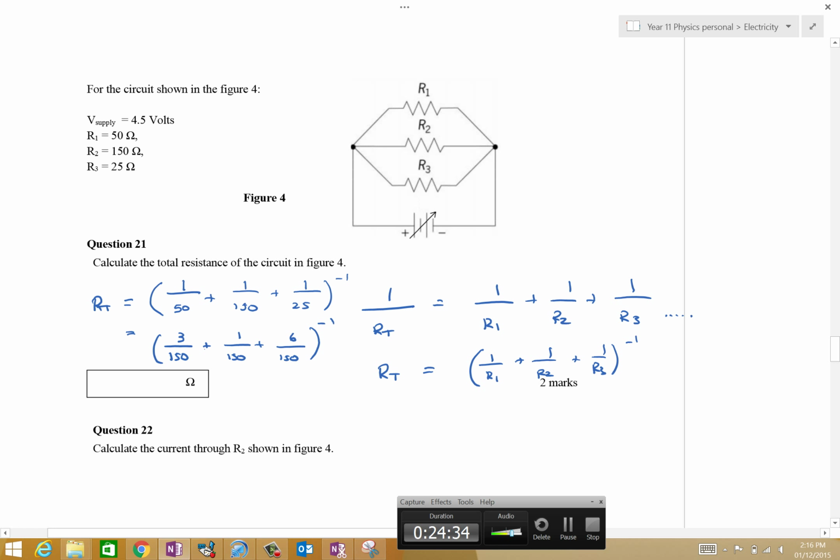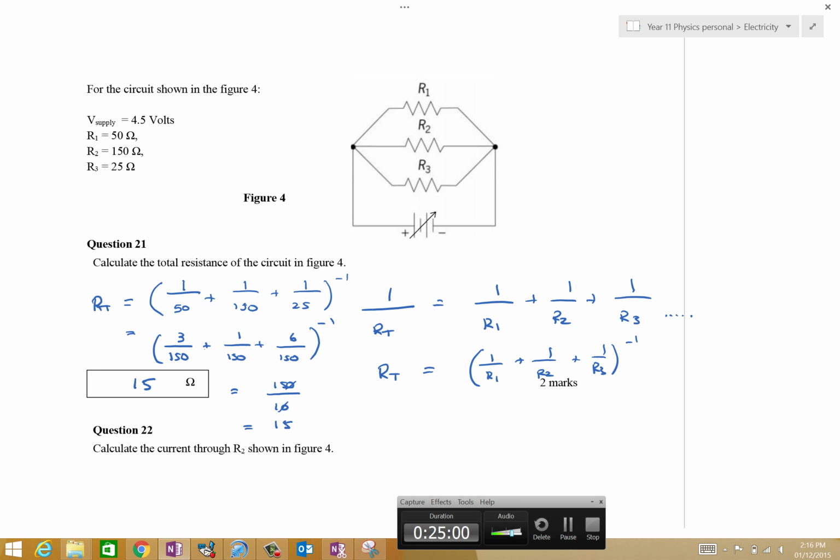And if I was to do it to the power of -1, that's going to be 150 over 10, which is equal to, you should have got 15 ohms. So those 3 resistors in parallel have a total resistance of 15 ohms.